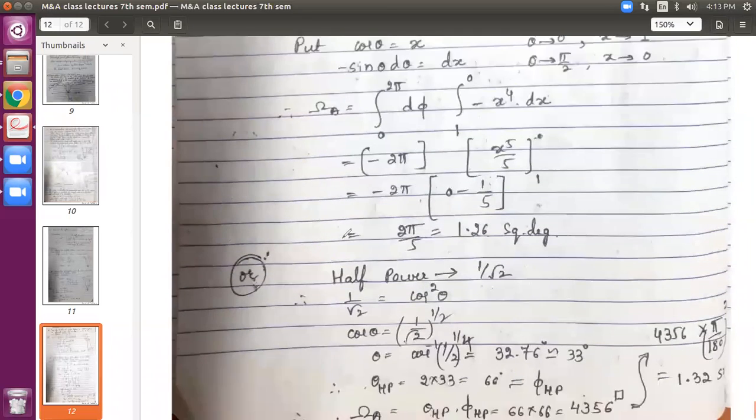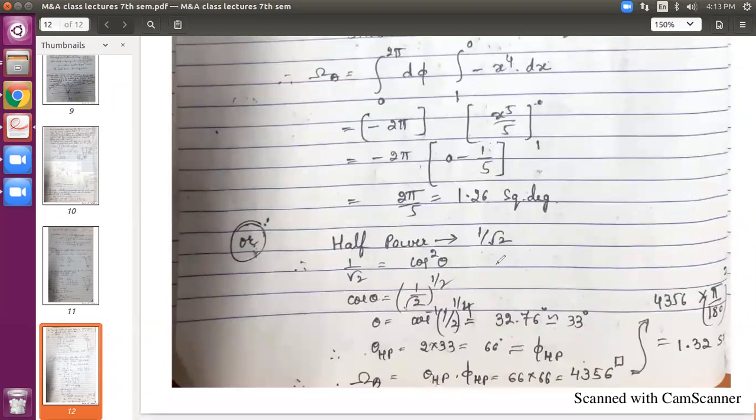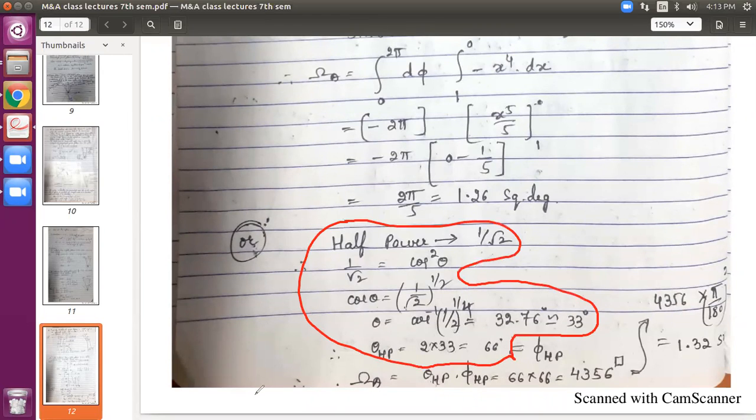Now, below, if you check, I have done this one more time. Till this, we have already calculated in the first problem. 66 degrees we got. So when you got the half power beam width as 66 degrees, there is a relationship between half power beam width and your solid angle.